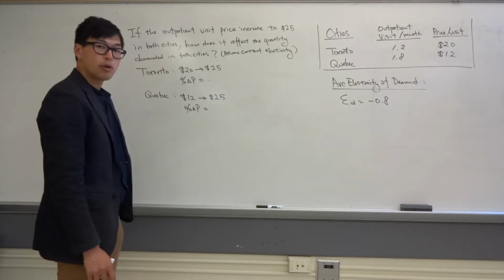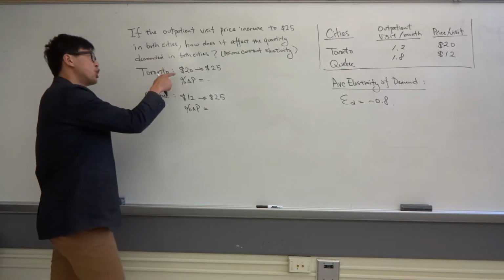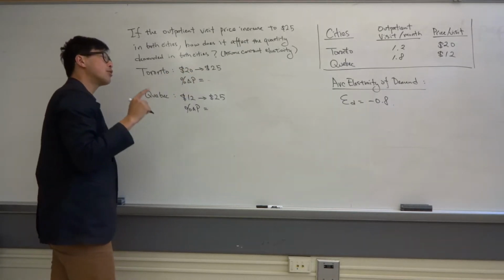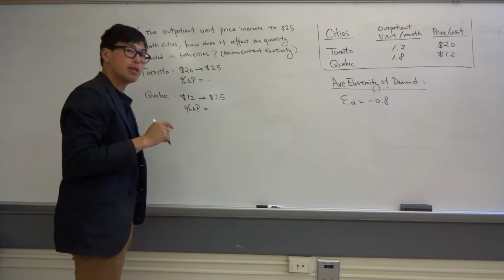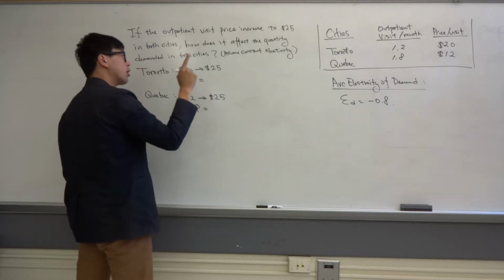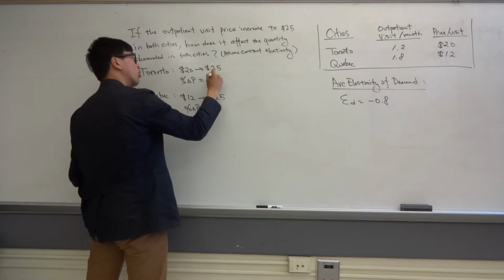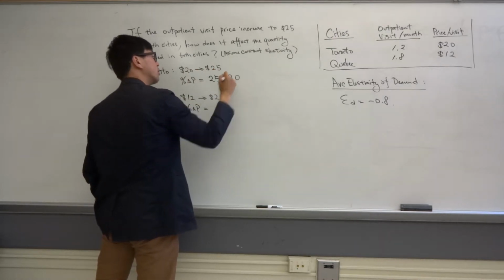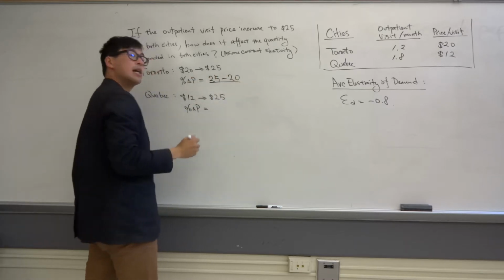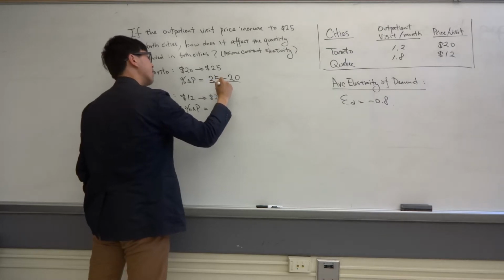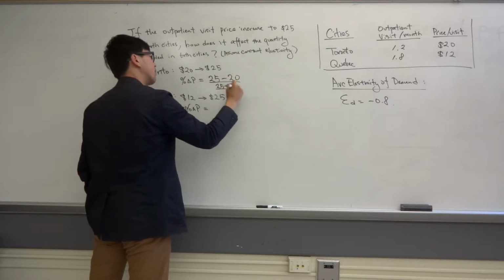In the case of Toronto, the price changes from $20 to $25. We can use the midpoint rule to calculate the percentage change in price, which is the new price, $25, minus the old price, $20, divided by the midpoint between the two, which is 25 plus 20 divided by 2.